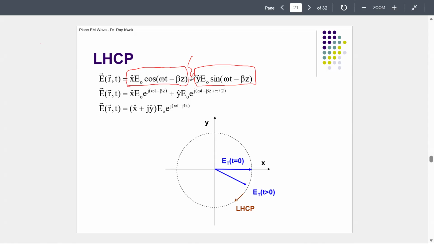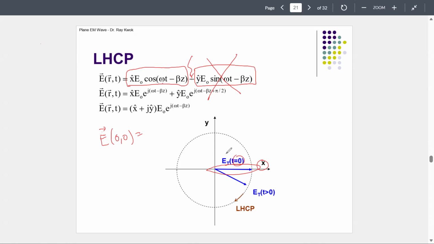How do you figure out whether it's left hand or right hand? Do exactly what I did earlier. Look at when t is equal to 0 and z is equal to 0, what's the direction of the electric field? As time goes on, which direction does the electric field move to? In this case, at 0, 0, I have no sine term, only this term, so everything is along the x direction when t is 0.